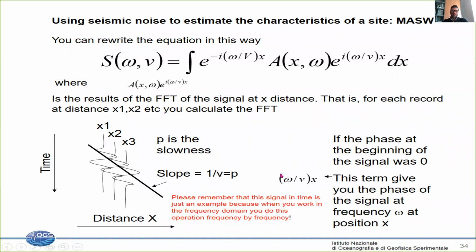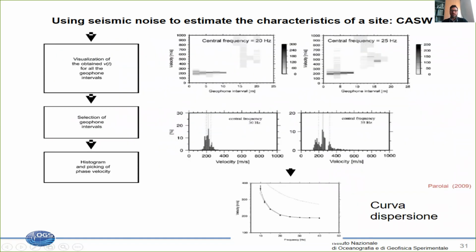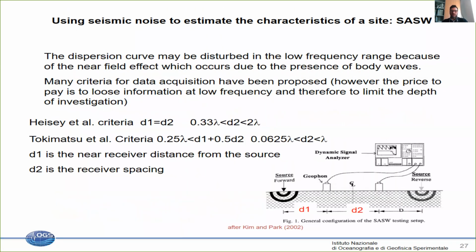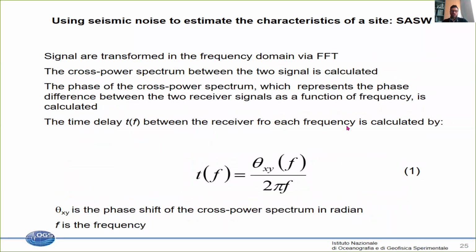And here, as I mentioned, if I want to modify the phase, if I assume that the original phase of the signal was 0, I can calculate a new phase shift simply from 2πf, so omega, divided by v and multiplied by x, which is exactly, if you think, the equation that we have seen here, that is relating the travel time to the phase.